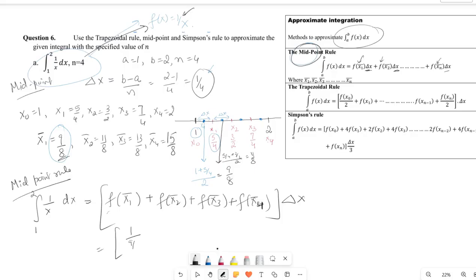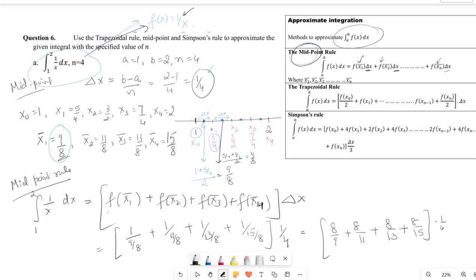That will be 1 by 9 by 8 plus 1 by 11 by 8 plus 1 by 13 by 8 plus 1 by 15 by 8, and delta x is 1 by 4. The reciprocal of 9 by 8 is 8 by 9, so it is 8 by 9 plus 8 by 11 plus 8 by 13 plus 8 by 15, times 1 by 4.